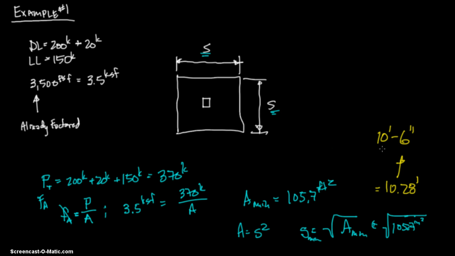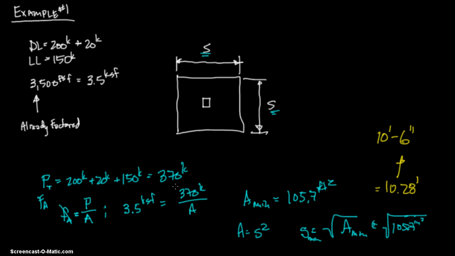Might give you a little bit extra, so it'll be less bearing pressure. Let's just figure it out real quick actually. So our actual is going to be 10.5 times 10.5, right? So we'll do that. 10.5 times 10.5 foot gives you a square area of 110.25, and we're going to divide that, 370 divided by 110.25.